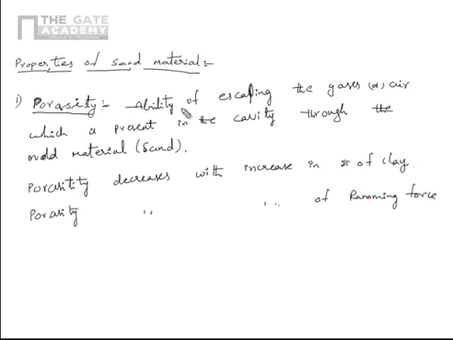Even after removing the pattern, the mold will keep the shape of the pattern, and the sand particles won't fall into the cavity. As ramming force goes on increasing, the sand particles come closer and closer, so porosity decreases.